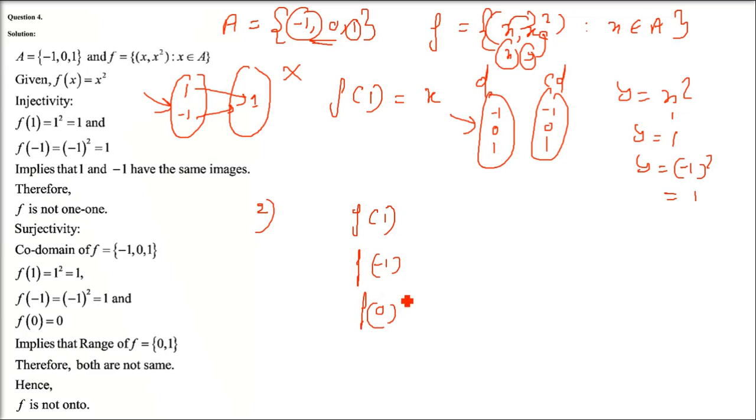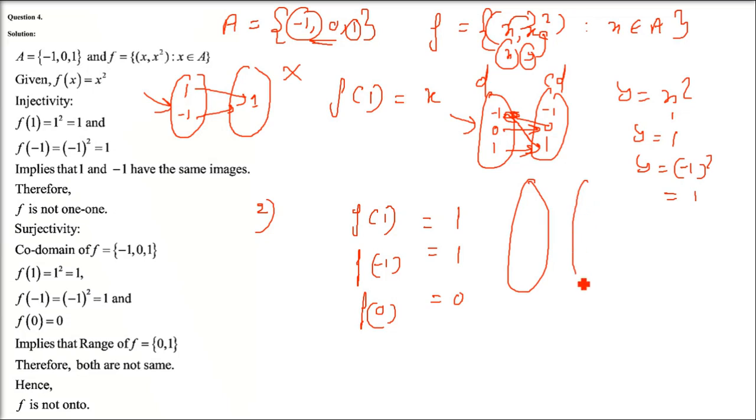So f(1), f(negative 1), f(0), check all the values. f(1) is 1, negative 1 square is 1, and then this is 0. So you have negative 1, 0, 1. So 0 you are getting from 0, and for 1 and negative 1 you are getting only 1.